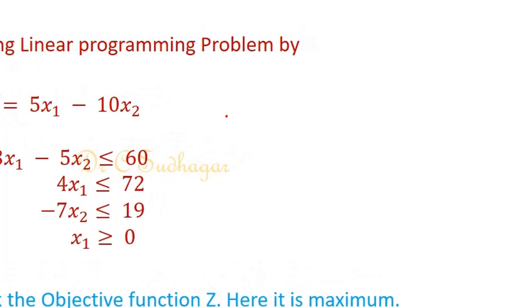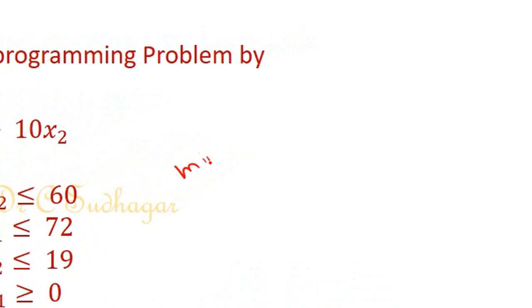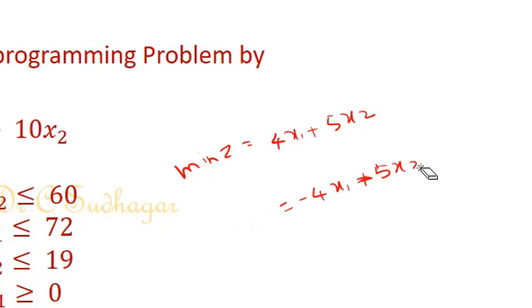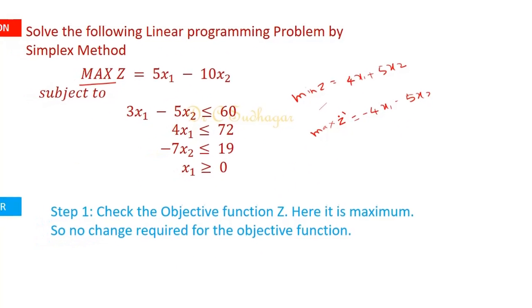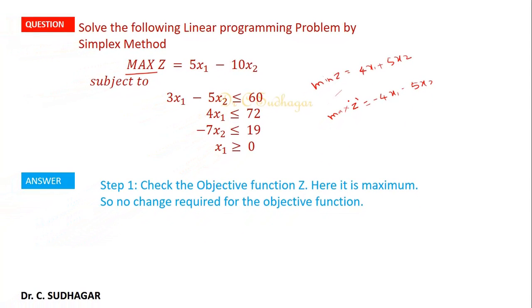In case it is a minimization function, like minimize z equal to 4x1 plus 5x2, multiply the equation by minus, so minus 4x1 minus 5x2, take it as a new function, maximize z dash. This is how we can convert a minimization problem into a maximization problem, but here it is not required because it is already a maximization problem.